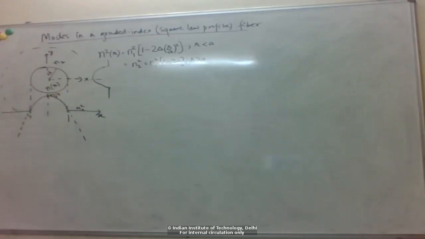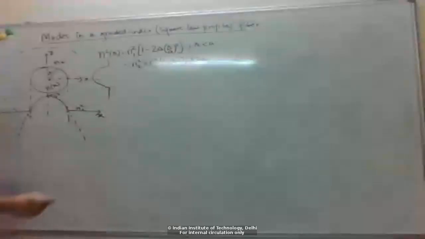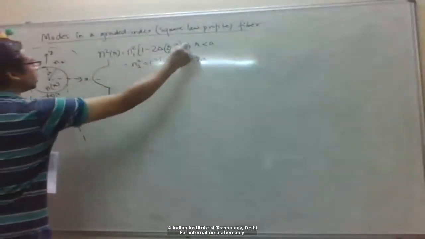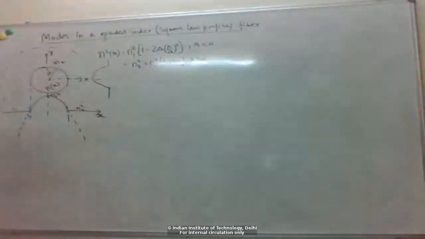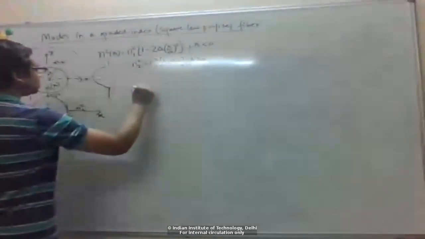So the first few lower order modes. So basically we just assume that this is the profile for all r.